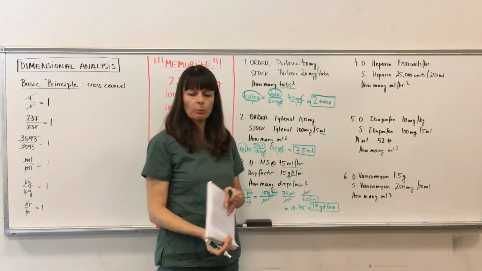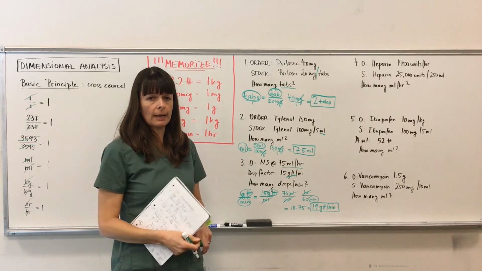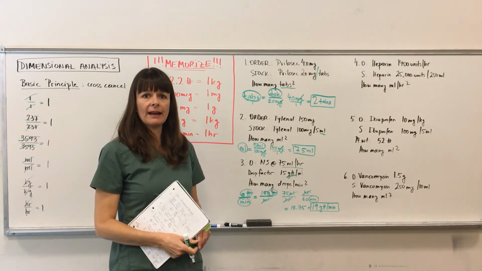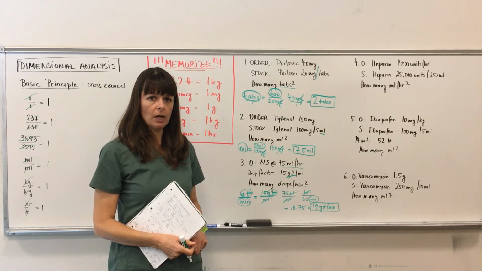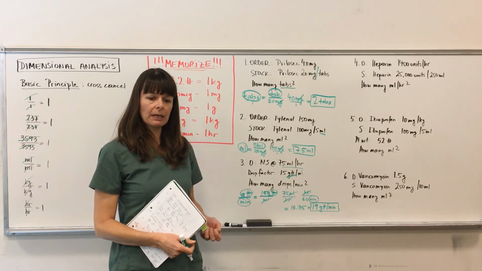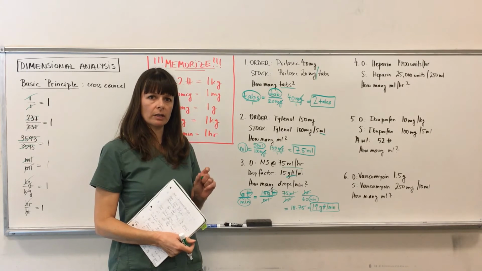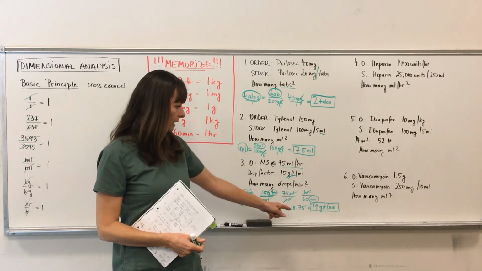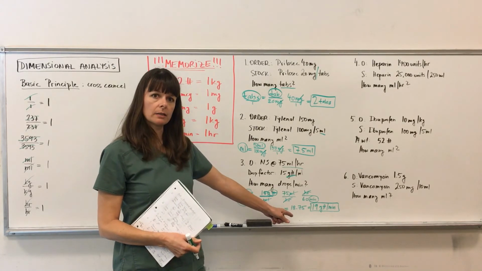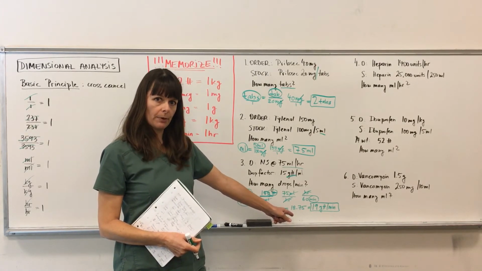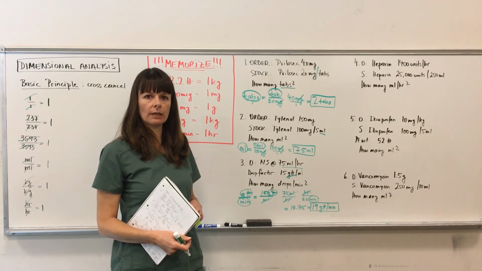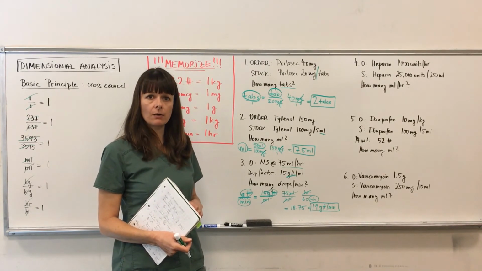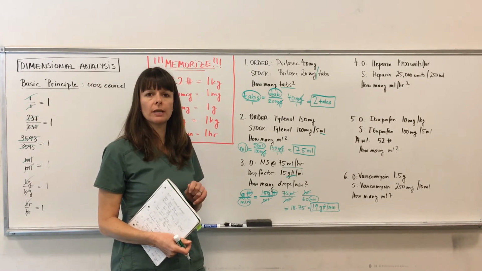Now, this brings up a good point about rounding rules. Your school might have a particular set of rounding rules that they follow. Typically for milliliters per hour, it is rounded to the 1 decimal place. Drops are always rounded to the whole number, and if there was a result that would come out as less than 0, a lot of times it's rounded to 2 decimals.